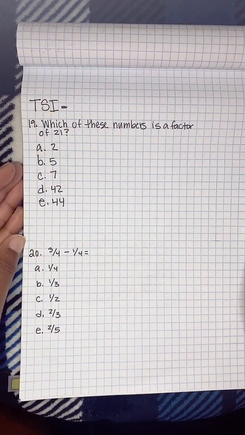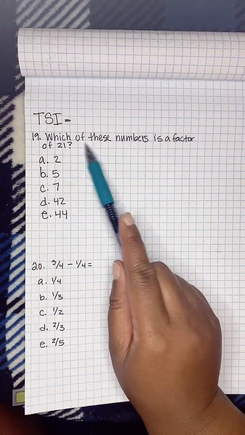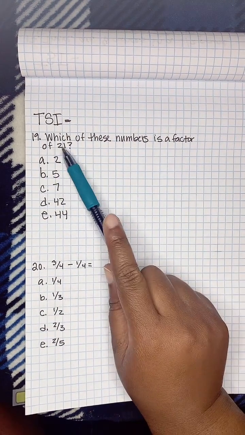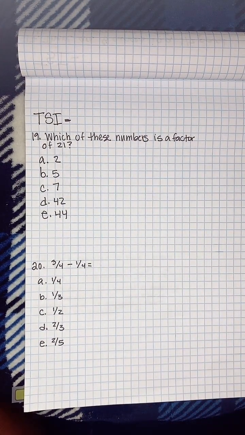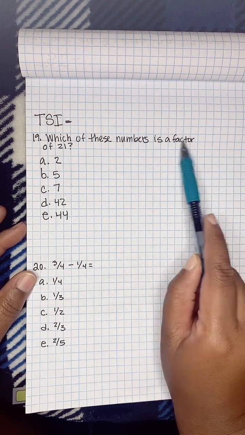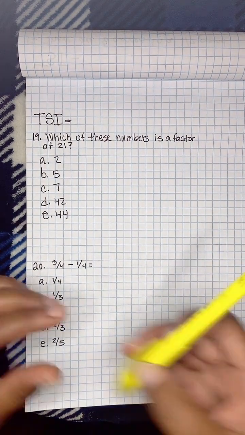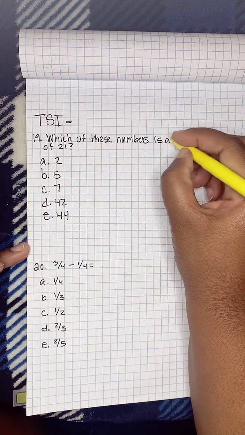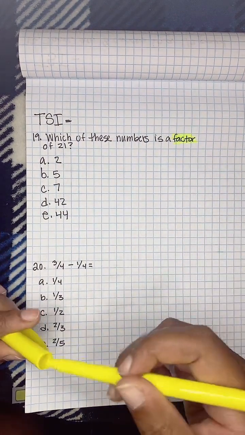All right, 19. Which of these numbers is a factor of 21? Okay, this is a huge word right here. Factor. Ooh, that's huge.